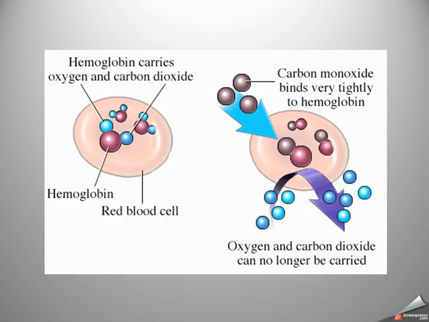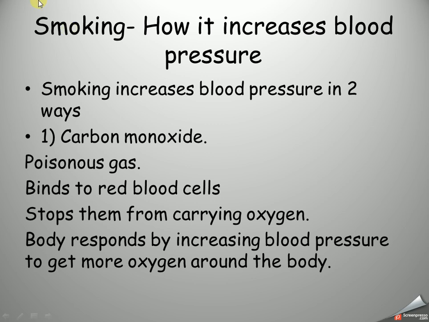Now going back to this, we've talked about how salt can increase blood pressure, but now we need to know how smoking can increase blood pressure, and it does it through 2 main ways. One way is carbon monoxide. Now, the thing you have to know about carbon monoxide is that it's a poisonous gas. It binds to the red blood cells. That basically means that it sticks to the red blood cells and stops them from carrying oxygen.